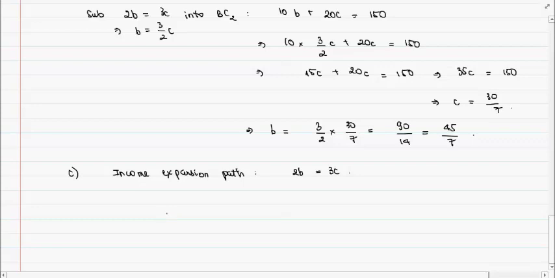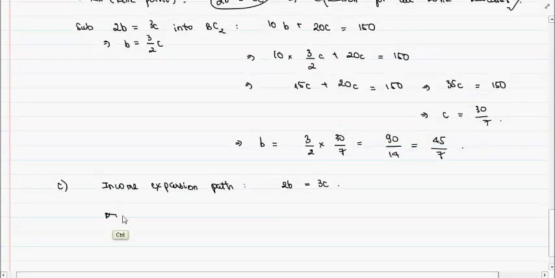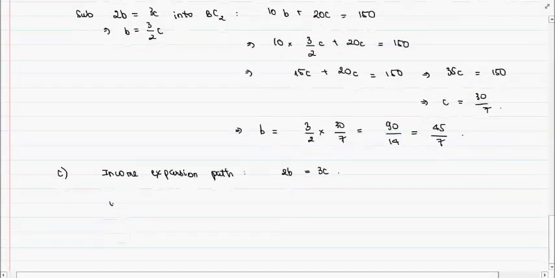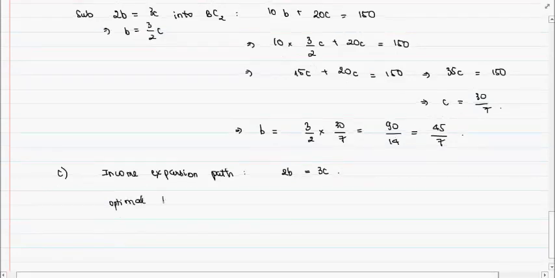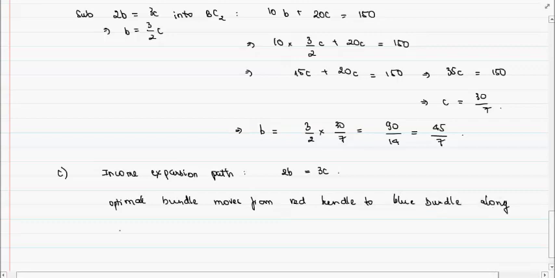Okay, so the total effect of the price change in this case: the optimal bundle moves from the red bundle to the blue bundle along the income expansion path.